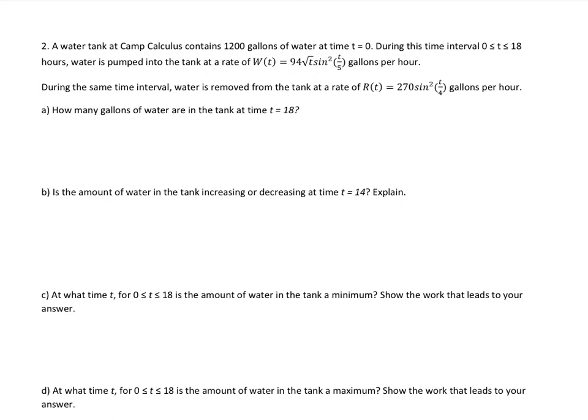So what we need to do here is we've got water coming in, water going out, and we have an initial amount. So we've got 1,200, plus we need to integrate the rates to find out how much total we have. So we have to take the integral from 0 to 18 of this W of t equation minus this R of t dt.